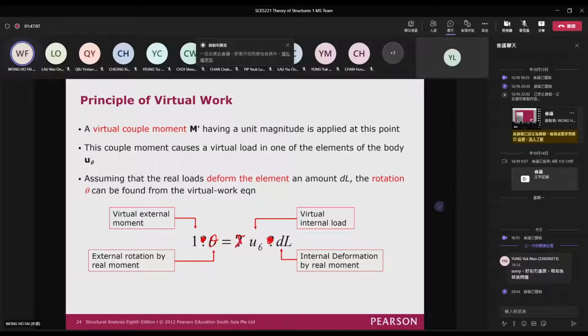And then we just add them together. So actually, this one can also be used to find the internal rotation. But in turn, instead of using the virtual force, which is equal to 1, we use a virtual couple moment, 1.